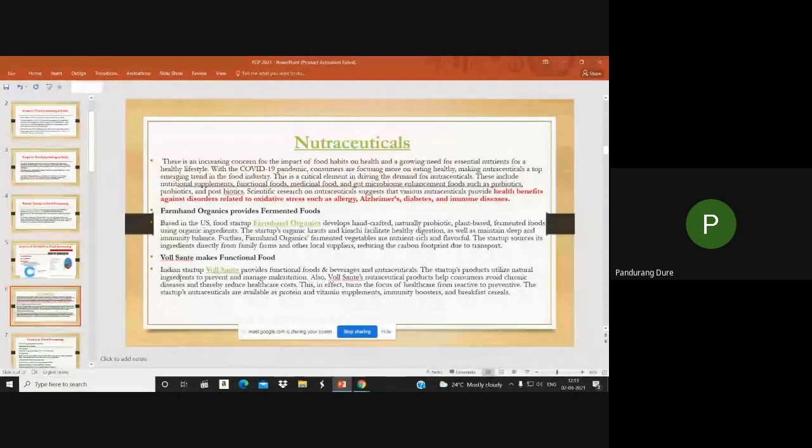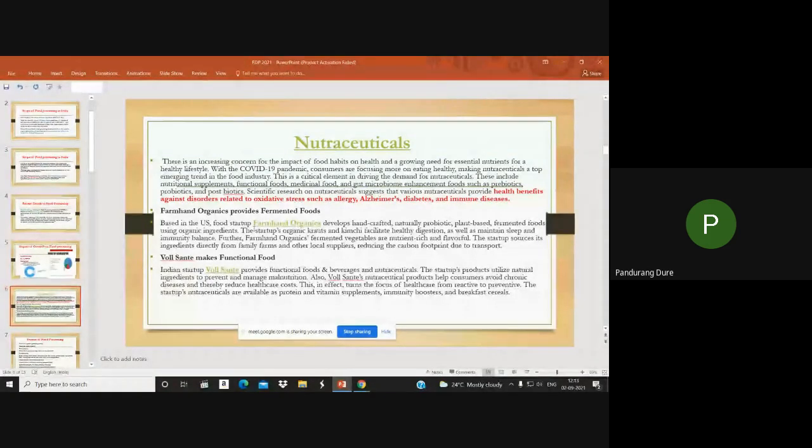Through scientific research, nutraceuticals of various types provide health benefits against disorders related to oxidative stress, allergy, diabetes, and immunodiseases. There are some more startups in nutraceuticals. This is the recent trend after the COVID situation.